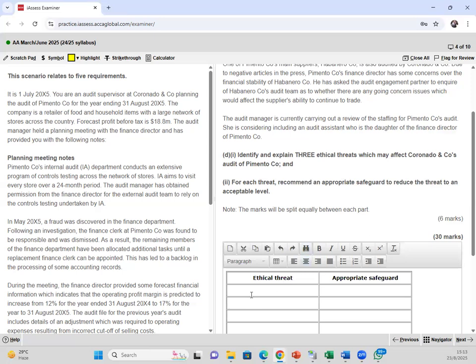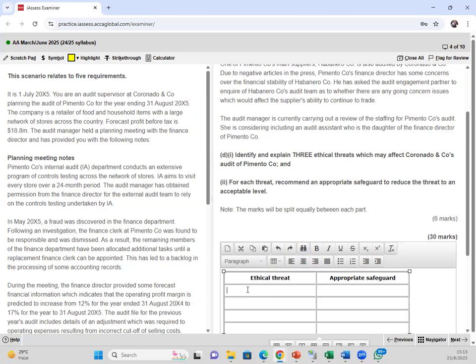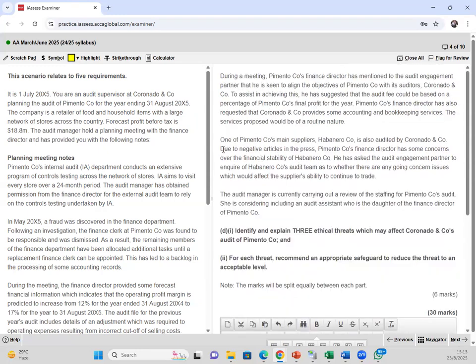Yes, there is a self-interest threat. So if you are putting that up, what happened on that one? Let's read it again. The finance director is the one that is proposing that.